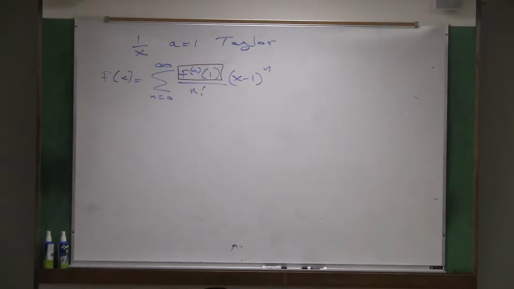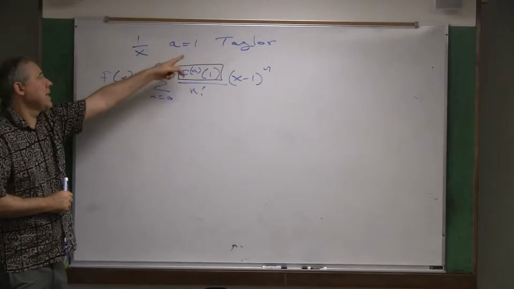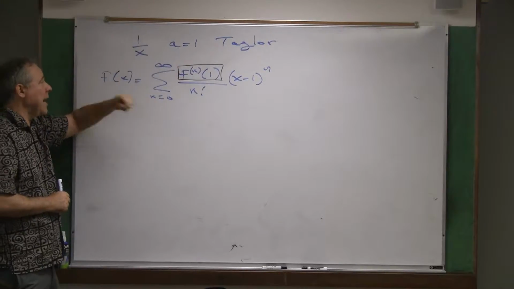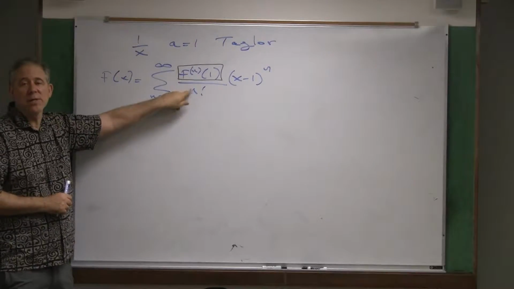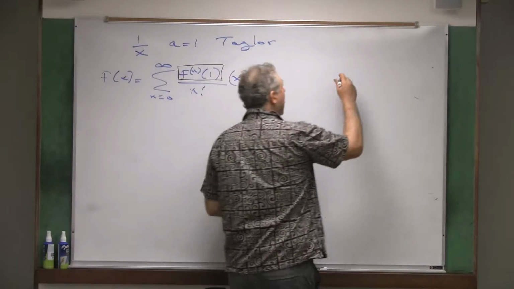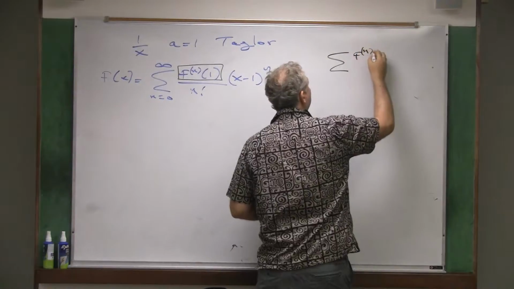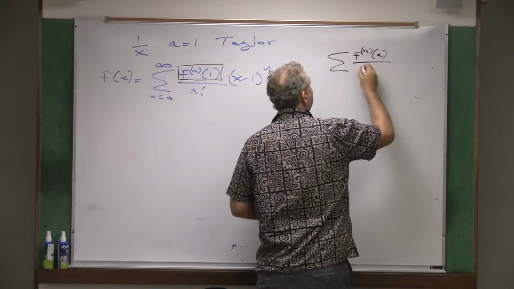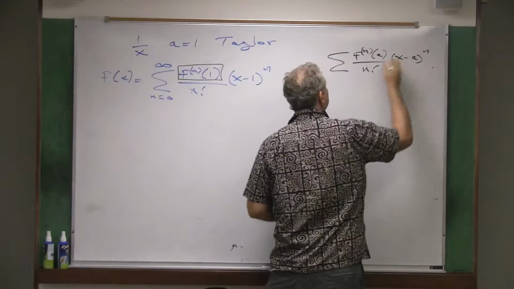So write your columns. A good tip is when you see a Taylor question, that's going to be a pattern question, so write this formula down. You'll get some points for just writing it down: the sum from n equals 0 to infinity of the nth derivative of f at a over n factorial times (x minus a) to the n.